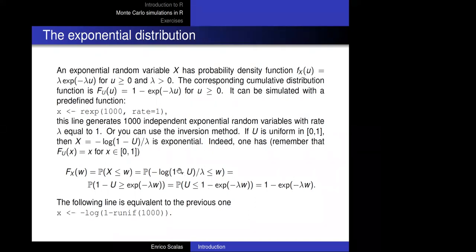So of course, if you have an exponentially distributed random variable x, its probability density function has only positive support, and it is given by lambda multiplied by the exponential of minus lambda multiplied by the argument u.